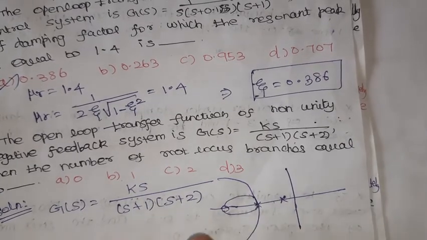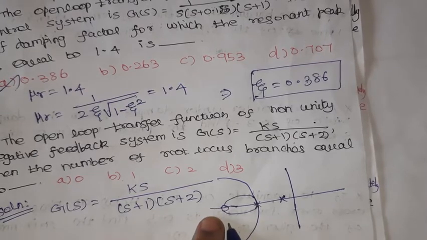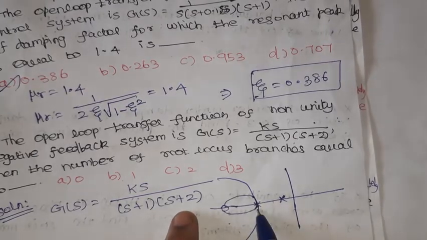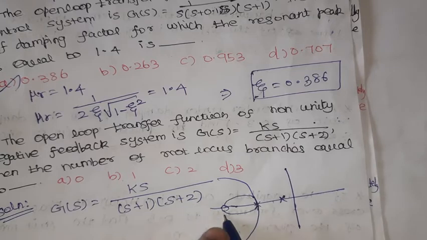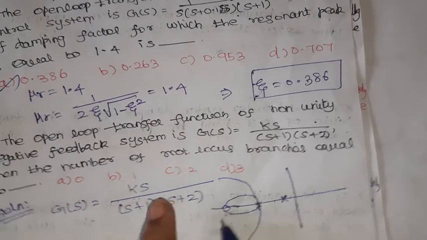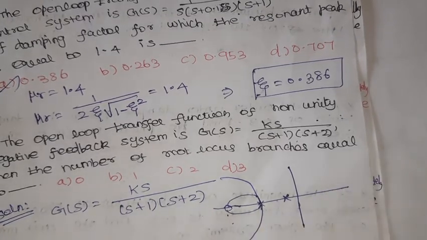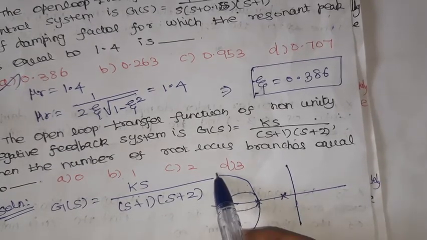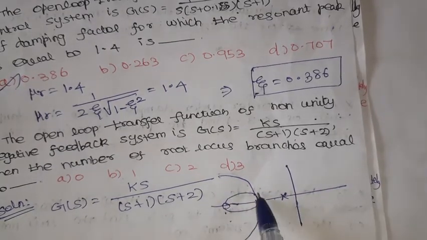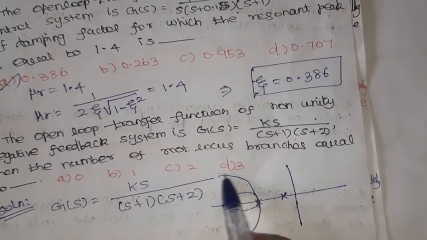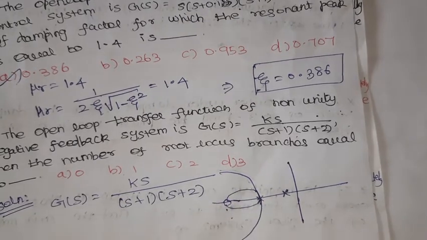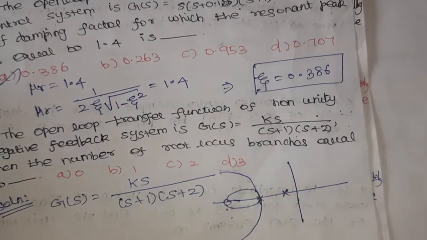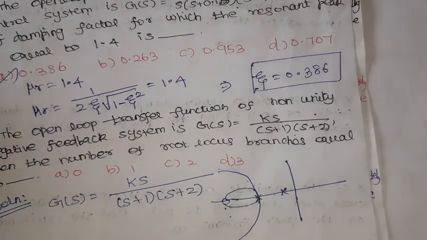If any open loop zero is located, the branches start from open loop poles and end at open loop zeros. If there are no open loop zeros, then they end at infinity. So this is the basic construction rule of root locus branches.